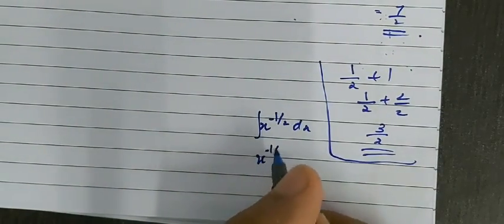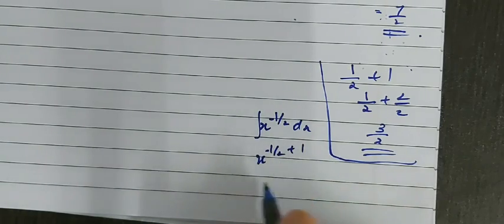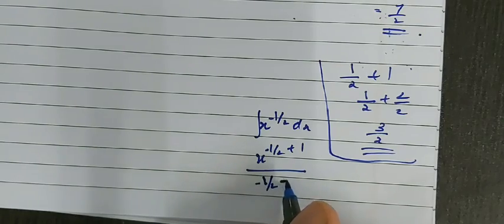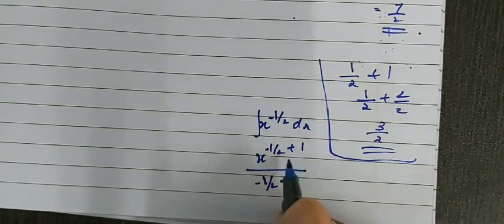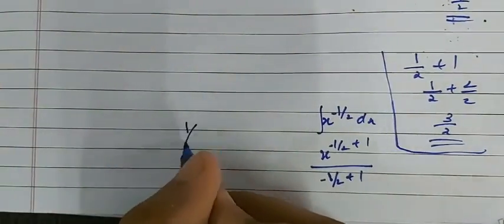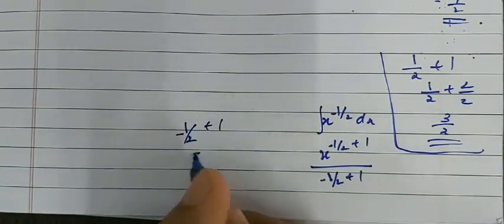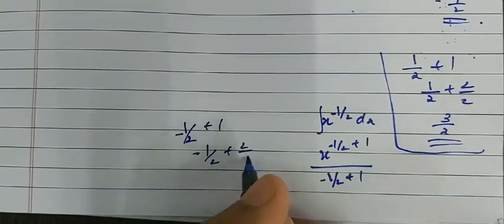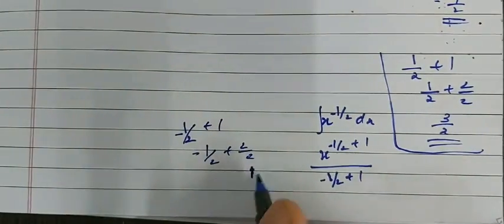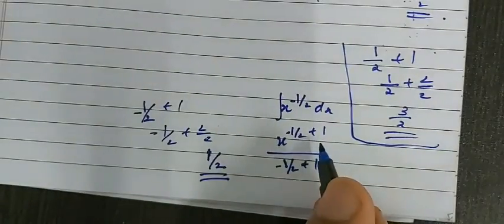So it will be x raised to minus 1 by 2 plus 1 by minus 1 by 2 plus 1. So what is minus 1 by 2 plus 1? Minus 1 by 2 plus 2 by 2 is 1 by 2. So what will this become?